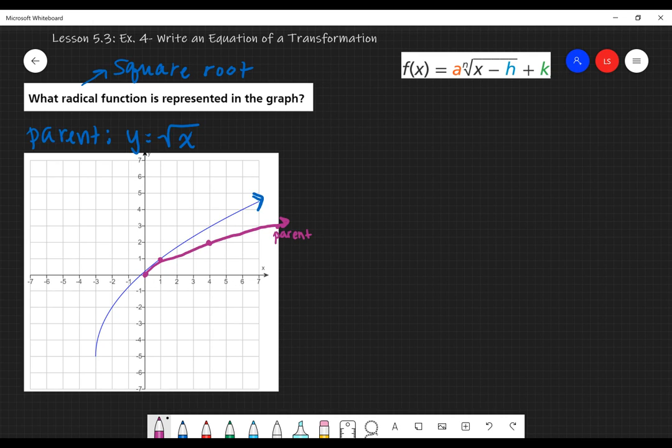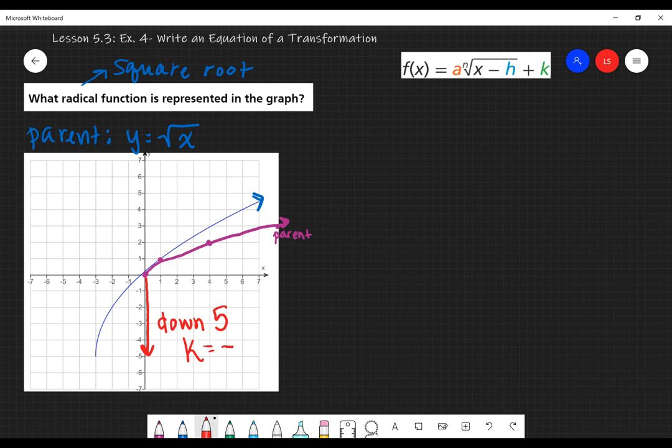So now we've got to figure out what has changed. So the first thing that I'm noticing is that my new graph, the blue graph, has definitely shifted down. So we did move down 5 units. So that's going to be our k.